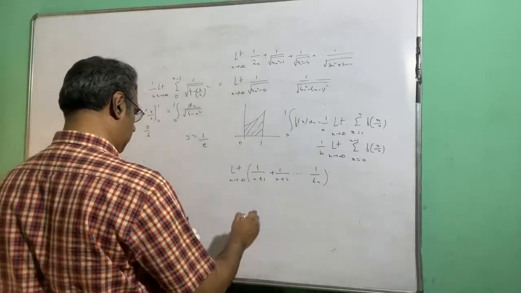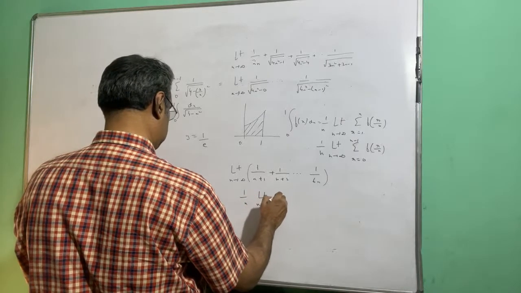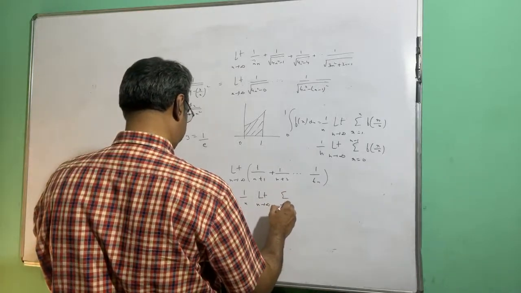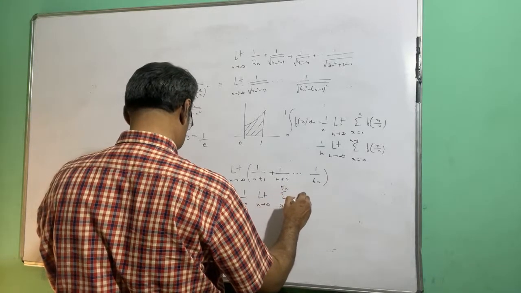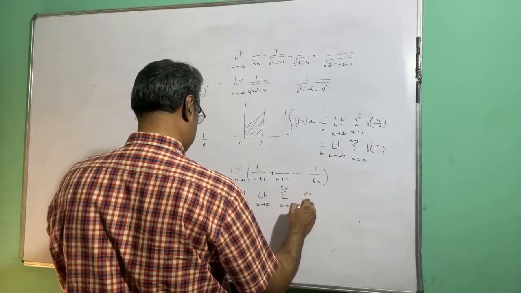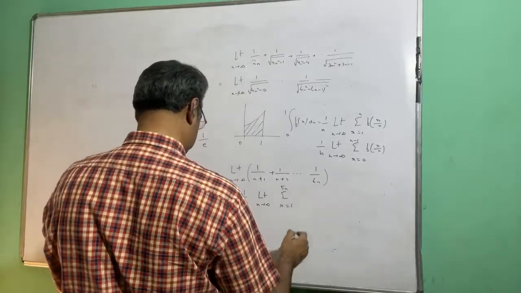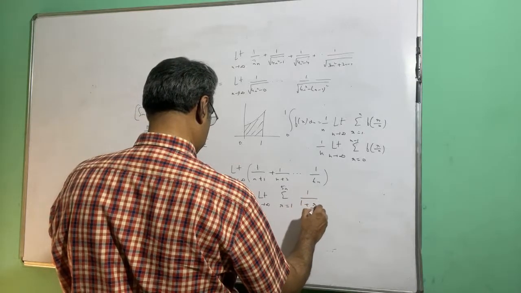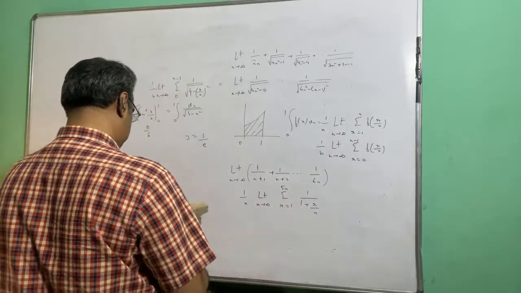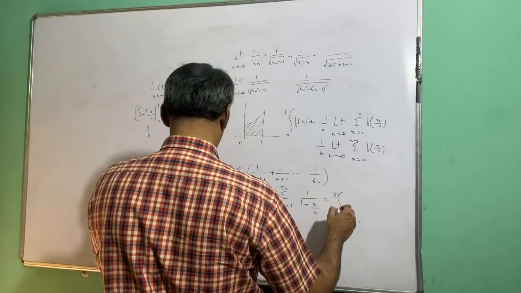So in this question, it is coming 1 by n, limit n tends to infinity, summation r equal to 1 to 5n, 1 plus r by n.